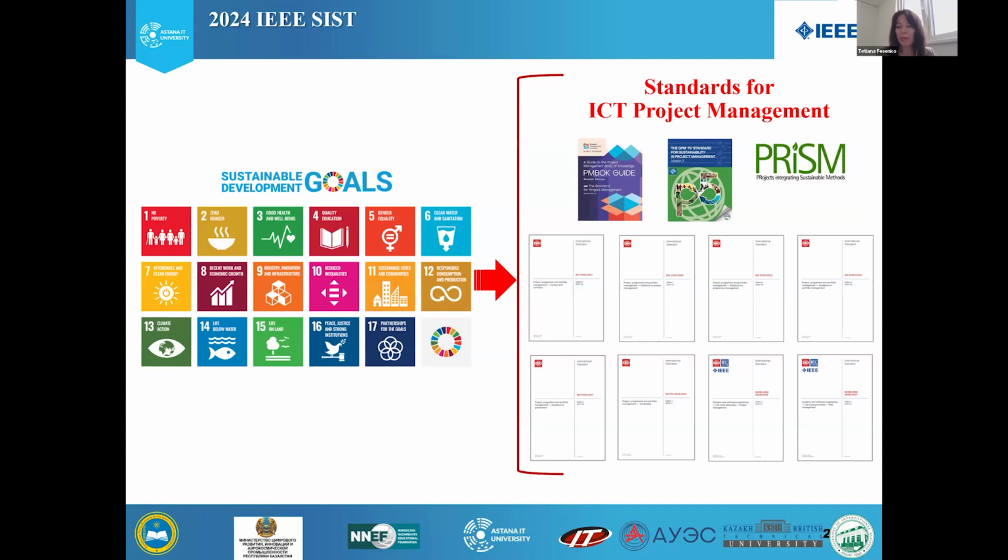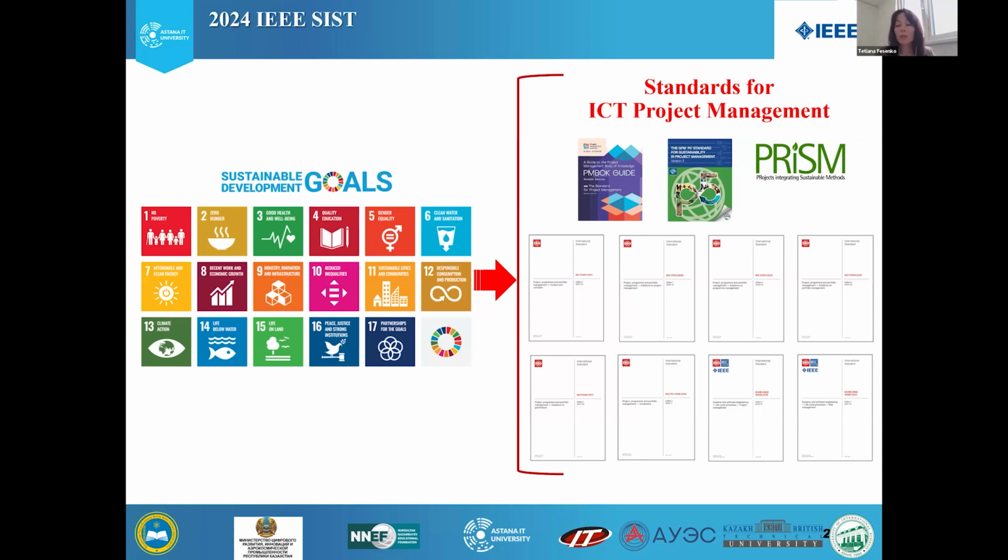Therefore, an integral assessment of sustainability of each project, program, and project portfolio should include 5 aspects: environmental, planet; social, people; financial, profit; governance, process; and technical, product.